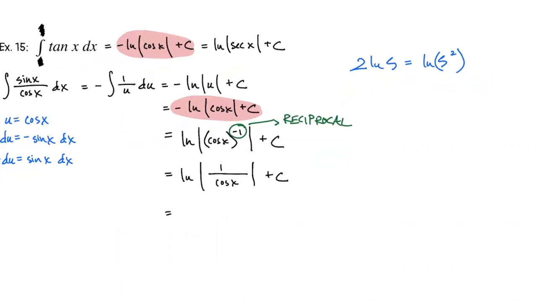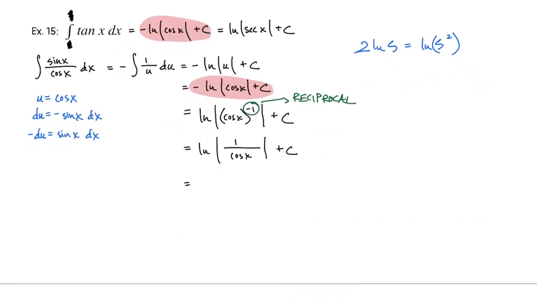Okay, so the coefficient you can bump up as a power, all right? And so we are one step away from seeing where that other rule came from, because 1 over cosine is secant.